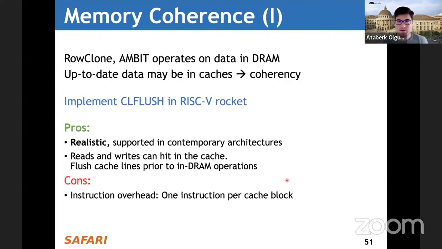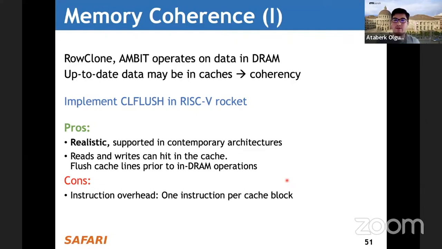The disadvantage is that this is a very high overhead mechanism. We will need to execute one instruction to evict one cache block, and we will have to execute this instruction for every cache block that belongs to the data that we want to copy in DRAM.